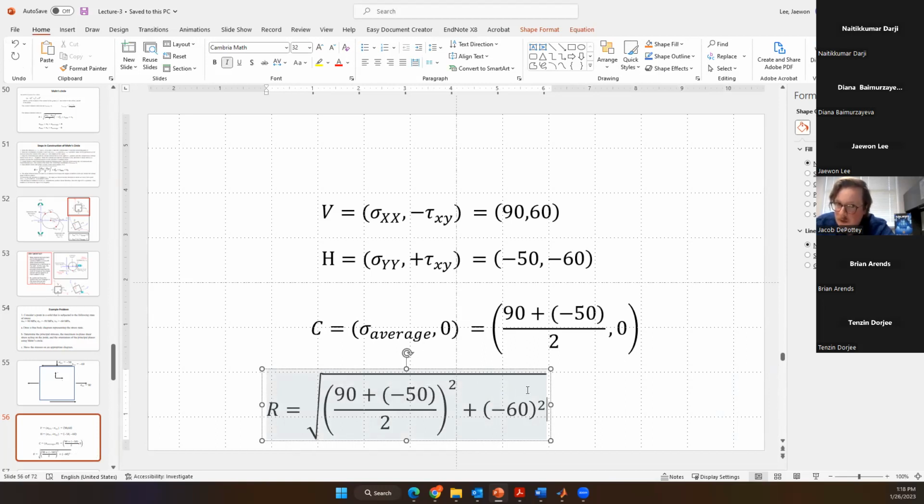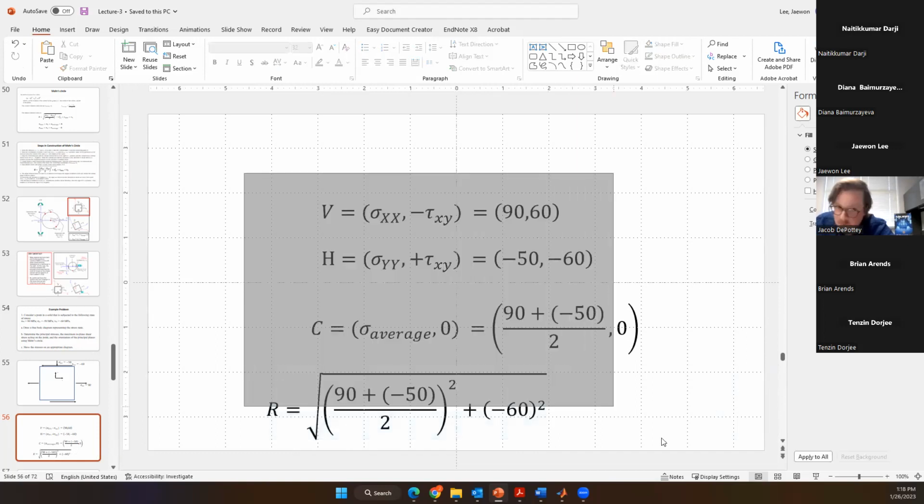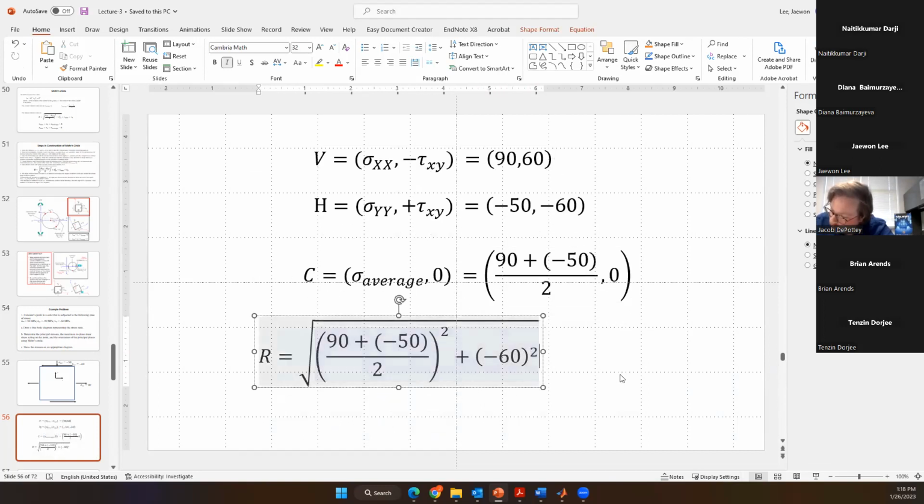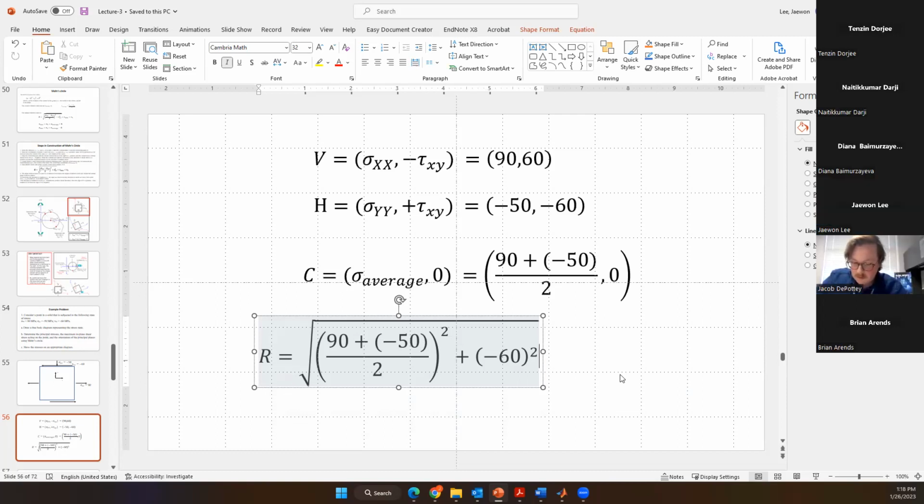Could you please calculate this one? Did you get it? 4,000? My bad, it's inside a square root.